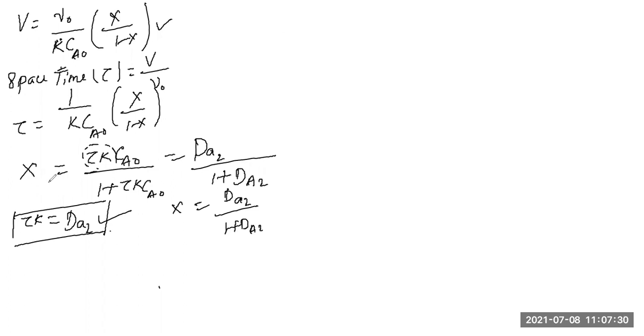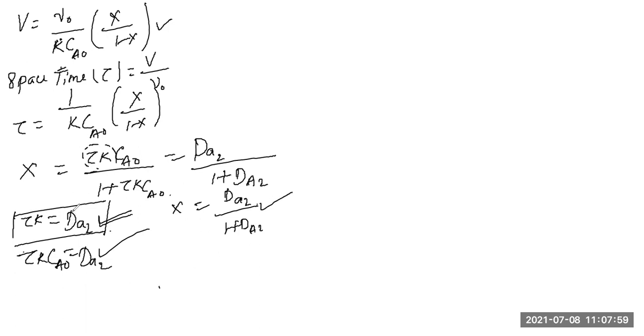I'm sorry, one thing I missed here: the earlier one is the Damköhler number for a first order reaction, and the Damköhler number for a second order reaction is tau K Ca0, which is Da2. So this equation changes to this form, with the Damköhler number for the second order reaction in place of tau K Ca0.